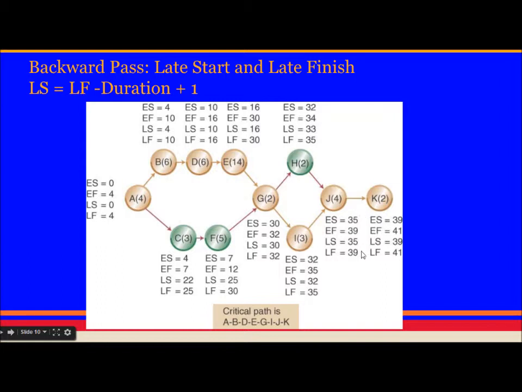So moving backward, late finish is how much? It can be whatever is the late start date. The same thing will come here, 39. And late start is just 39 minus 4, the duration.